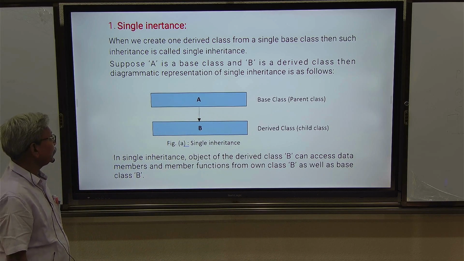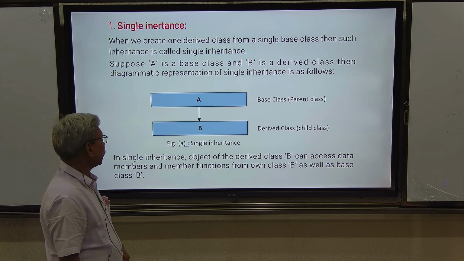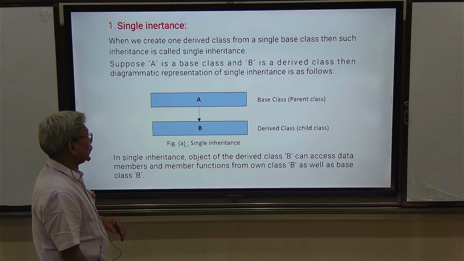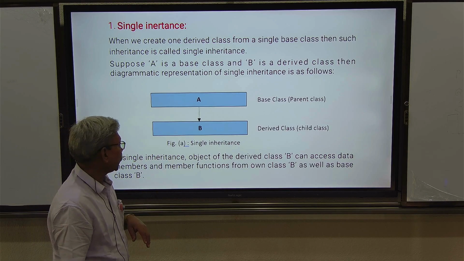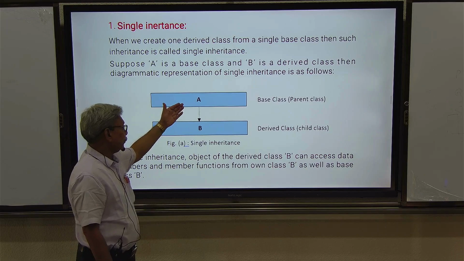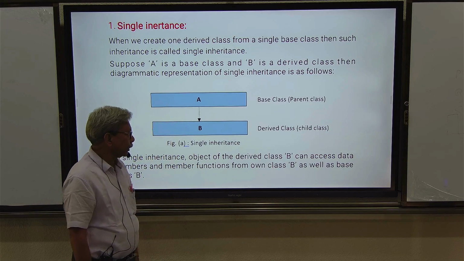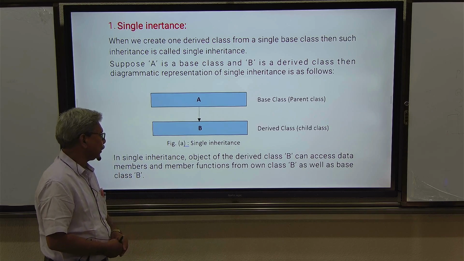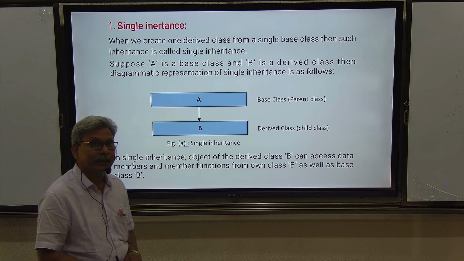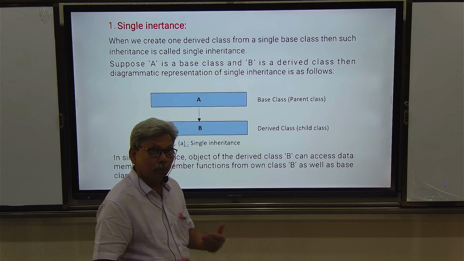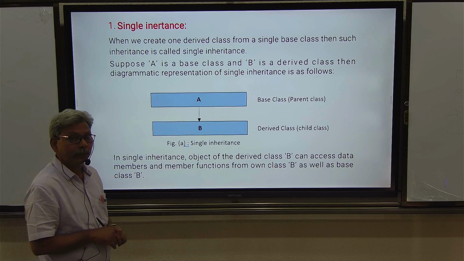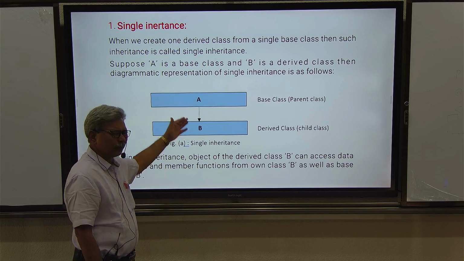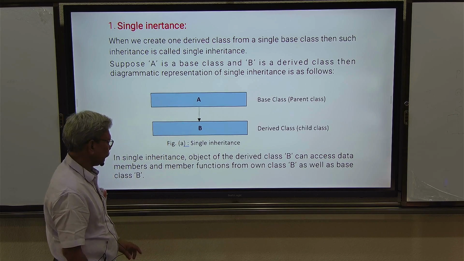Suppose A is a base class and B is a derived class. Then in single inheritance, an object of the derived class B can access data members and member functions from its own class B as well as from class A.